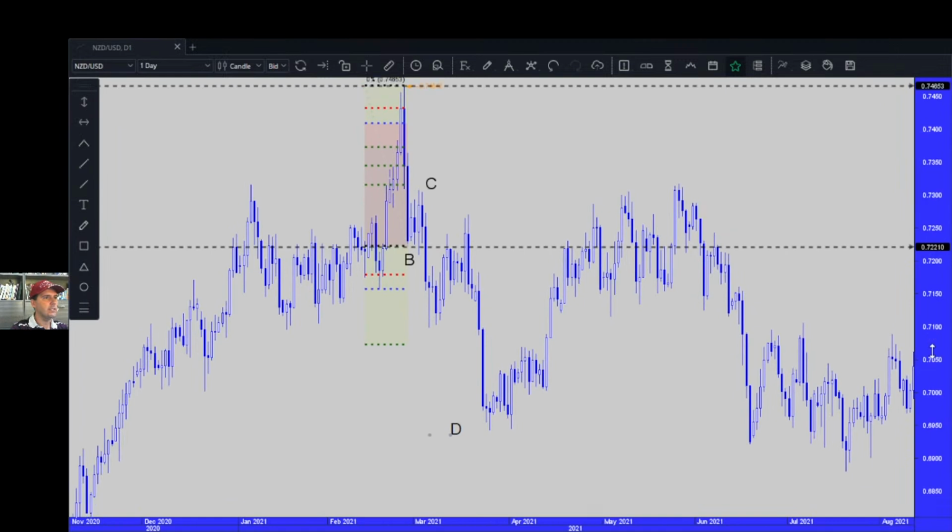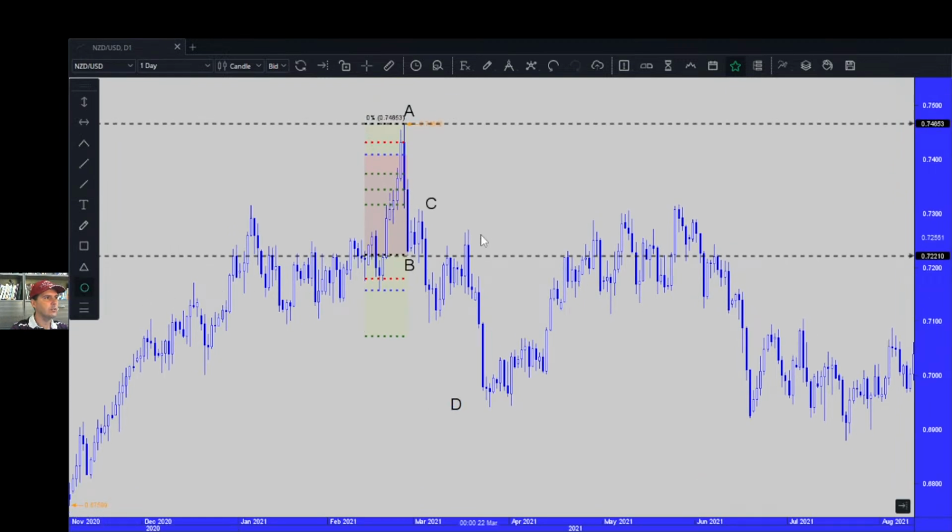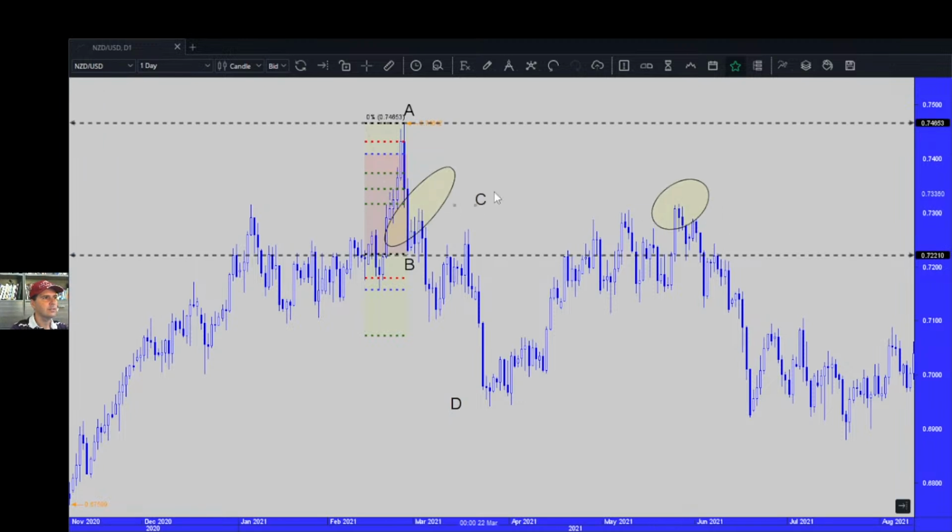Everybody, now this is a tricky one, hopefully it's going to trick you. Which one is our C? The first circle is our C, or is the second circle? Which one is our C? Hopefully I'm going to trick you this time.